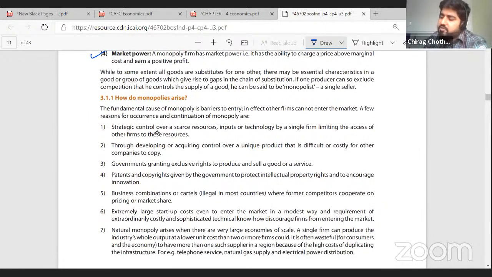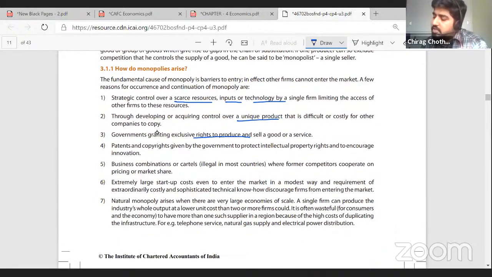If you have strategic control over scarce resources, inputs, or technology, if you are technologically sound and no one else can copy that, then you will have a monopoly. You can develop a unique product, you can have exclusive rights to produce that product, you can have patents and copyrights, you can enter into cartels, that is nothing but combinations, many businesses coming together. Extremely large setup cost can also result in a barrier.